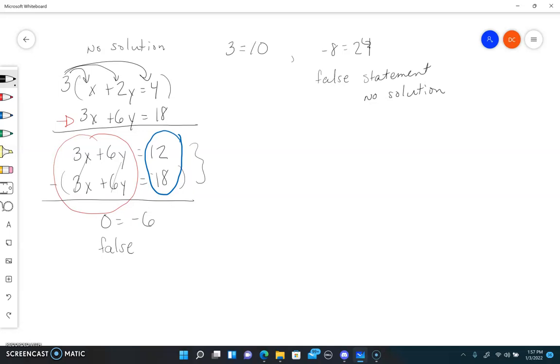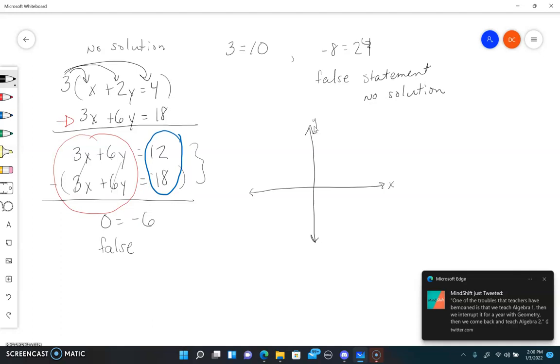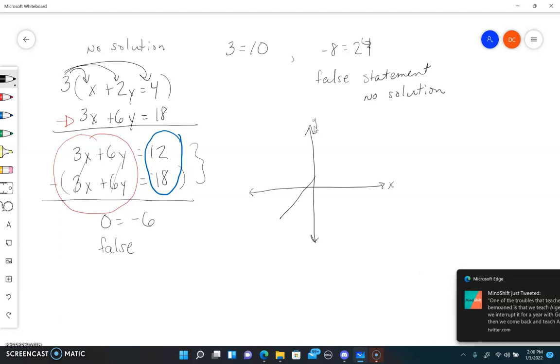And if I was to graph these two, I would get two parallel lines. Now, I'm not 100% sure what they look like, but I know that they would be two parallel lines, okay?